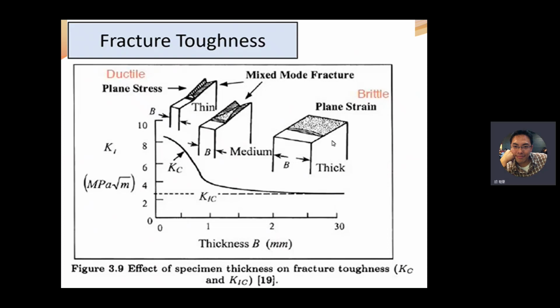You just have to know that the thinner plate belongs to the ductile behavior, ductile fracture behavior. When the thickness of the sample gets thicker, fracture mode 1 dominates the fracture behavior.